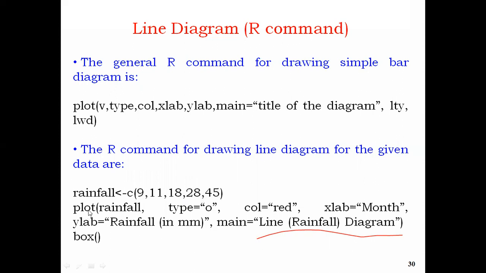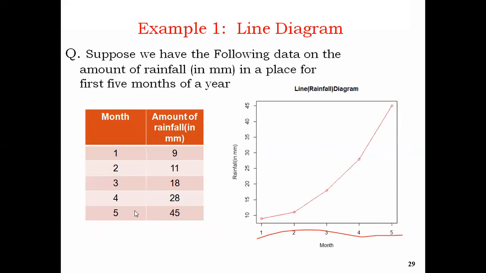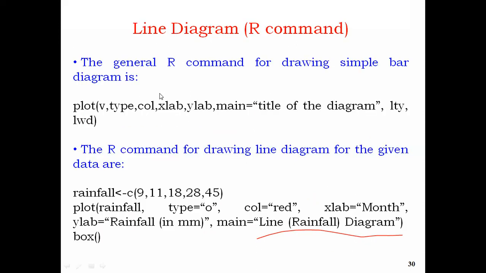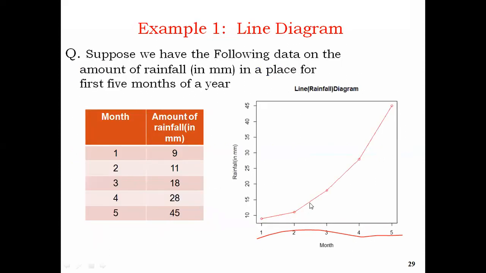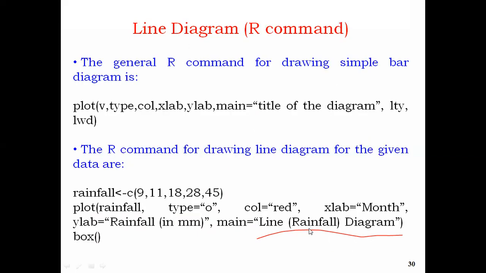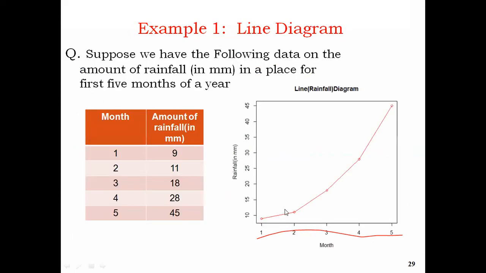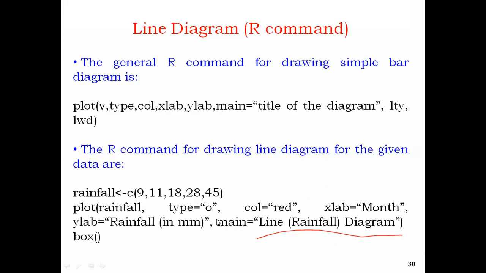Then write plot(rainfall), because the data is the amount of rainfall. So here we write the name. Then type is o. Here you see, this is o type. Then color is red, so this is in red color. Then XLab is month, and YLab is rainfall in millimeter.